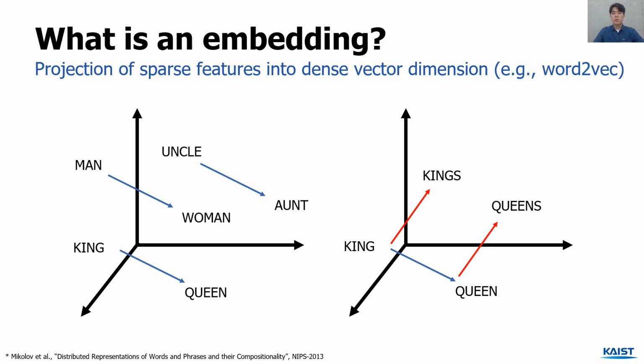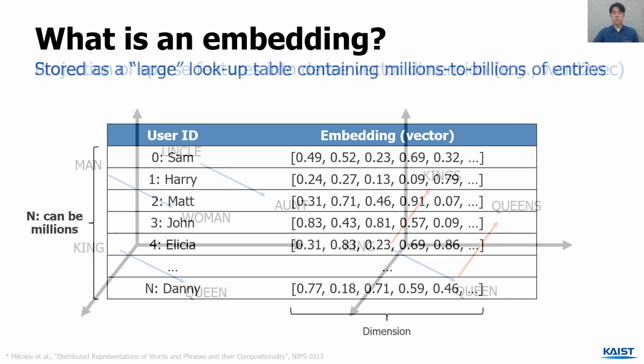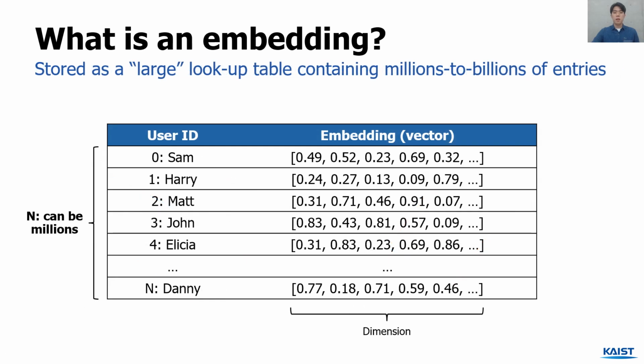Embeddings are projections of sparse features into dense vector dimension, most notably represented by the famous word-to-vec approach. From a computer architect's perspective, embeddings can be thought of as a wide vector, and the embedding tables can be treated as a large single-dimensional array of embedding vectors.